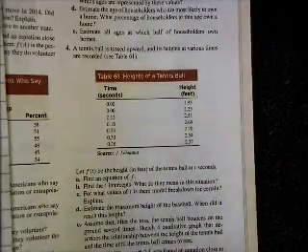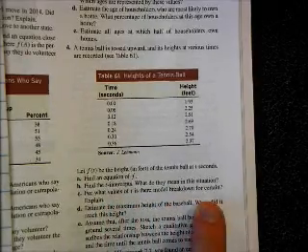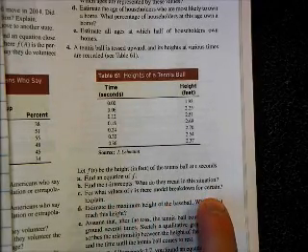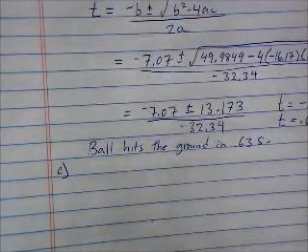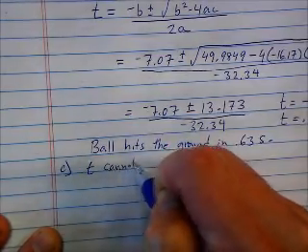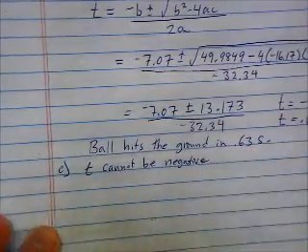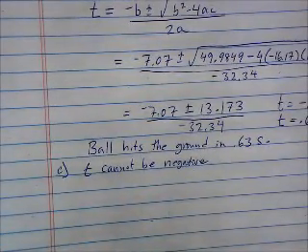C. For what values of t is there a model breakdown for certain? Clearly t can't be negative. Okay, but I don't think that's the entire answer. I think that's half the answer.